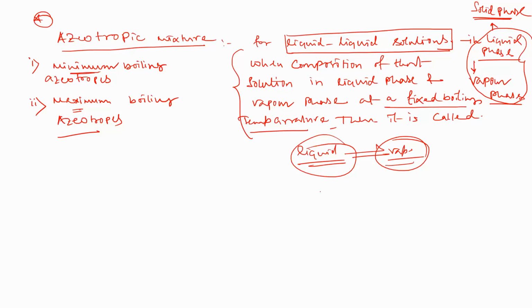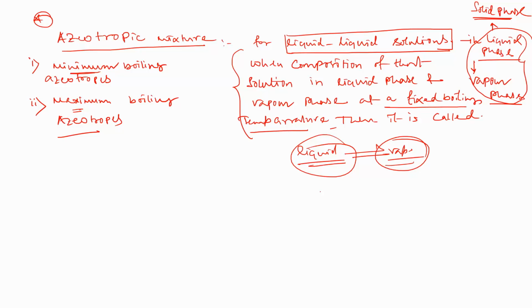In that minimum temperature of 30 degrees Celsius, just boiled, the composition of the vapor phase and the composition of the liquid phase will be the same. So that is the minimum boiling azeotrope. But what is the maximum boiling azeotrope?